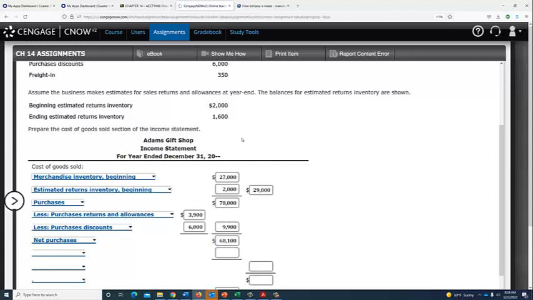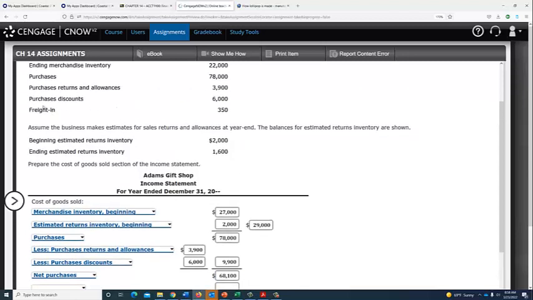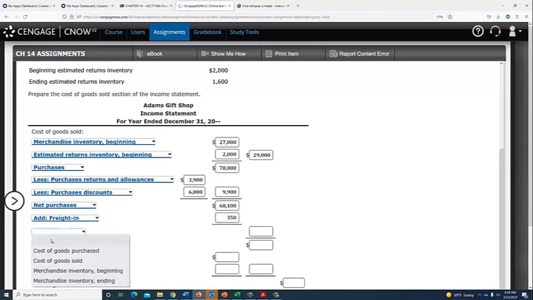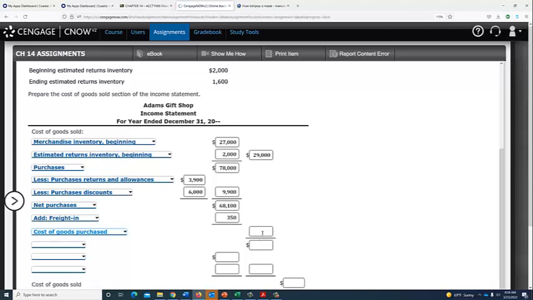Now we have another account that affects the cost of our purchases, and that's our freight. So we're going to add our freight in, which was $350. So the cost of our purchases is going to be, let's see, $68,450.